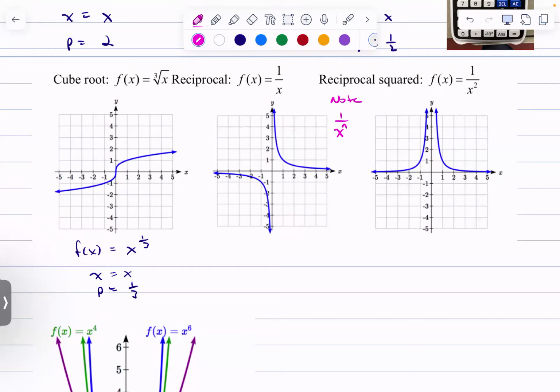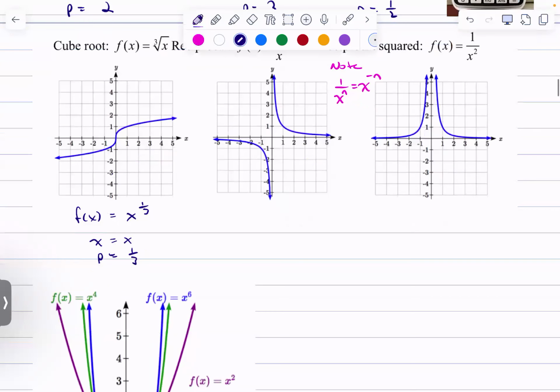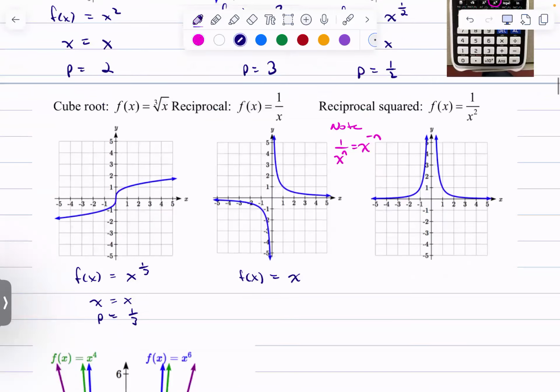1/x to the n is the same as x to the negative n. You can rewrite it as x to the negative n. If you float it upstairs, which is how I think about it, then you can make the power negative. So in this specific case, technically, I have x to the 1 in the denominator.